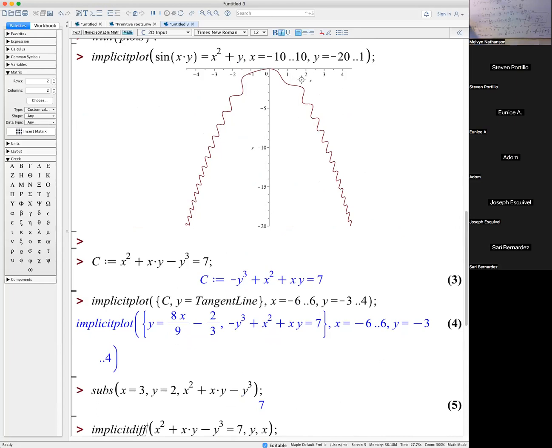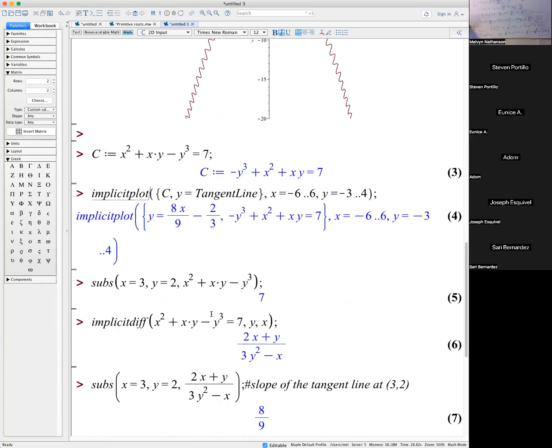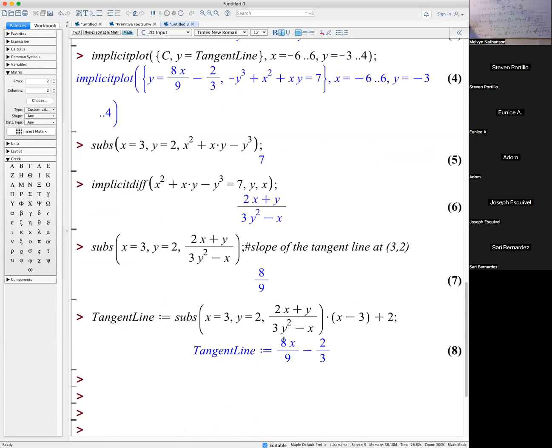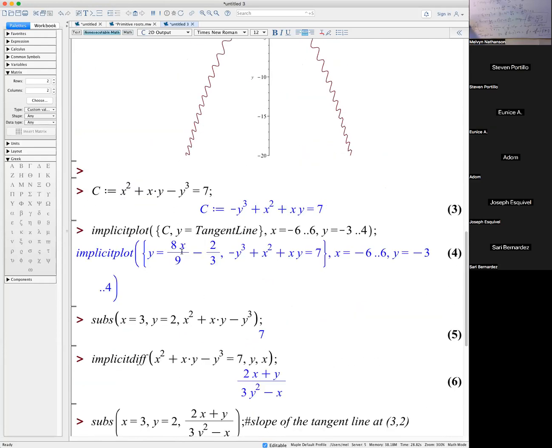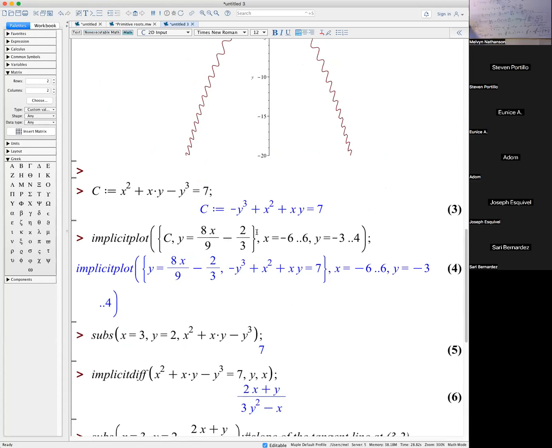Okay, let's take one more careful look at this. So that's my curve C. And I want to plot that with the tangent line. I'm just going to write it out to make it easier.